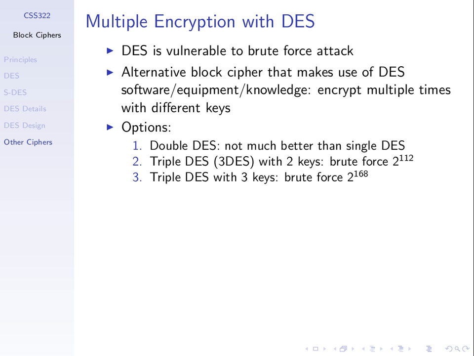From a brute force attack, we need to try all 64 bits, or 56 bits actually. That is, we have 2 to the power of 56 possible keys to try. Here, these are also 56.